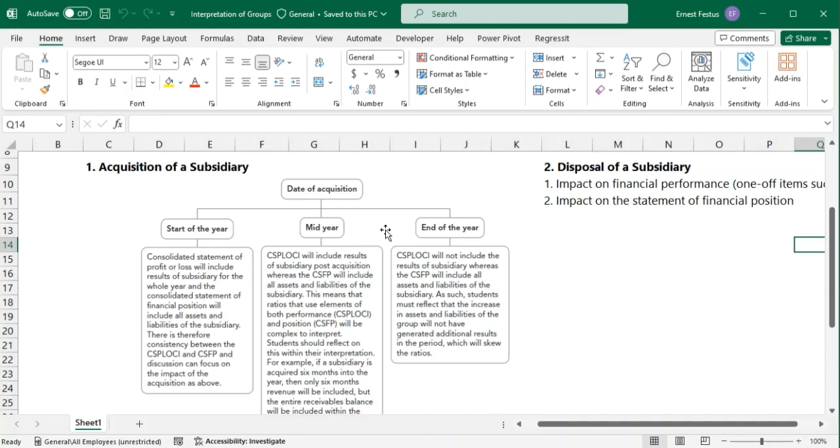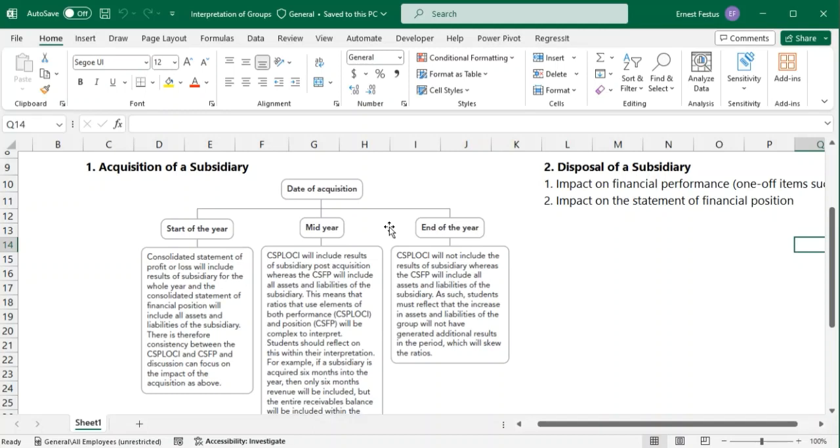So we are going to take each of these things, and then we are going to analyze them and see how they affect our ratio analysis. So first of all, you must understand that the ratios are the same. It is the analysis and the interpretation that are different. Hence, my focus is on the analysis and the interpretation, how to interpret your ratios and how to get the right figures for calculating your ratios.